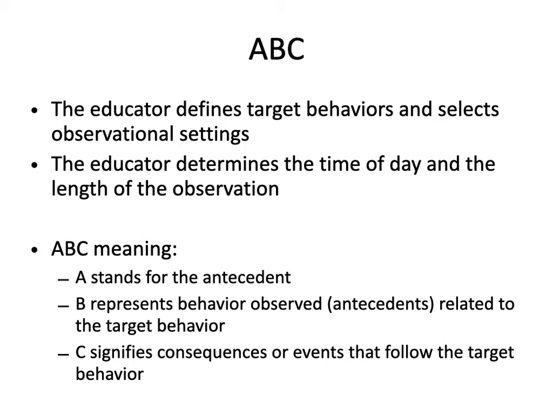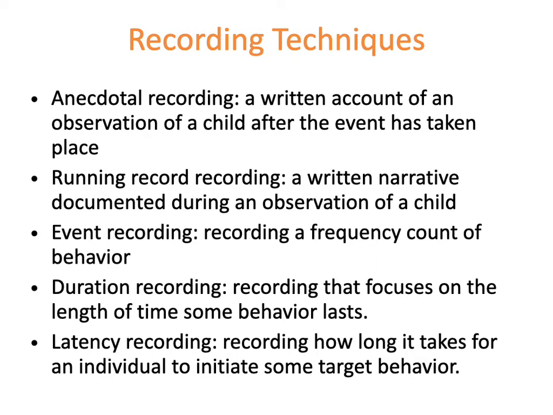So you can figure out why the behavior occurs by doing observations. There are many ways to do this observation and recording. Anecdotal recording is a written account of observation of a child after the event has taken place. So you're going to simply describe what happened after your observation.